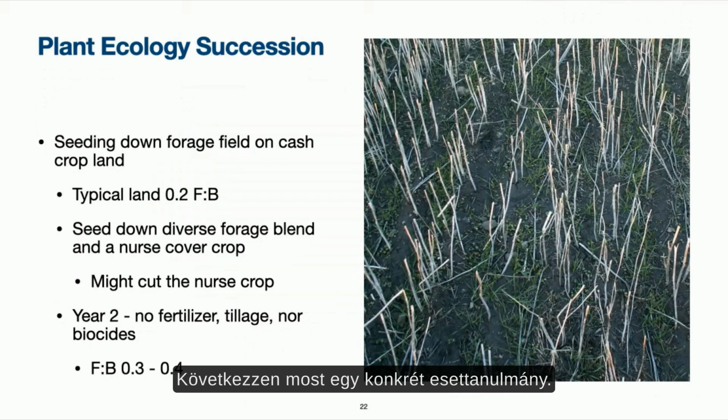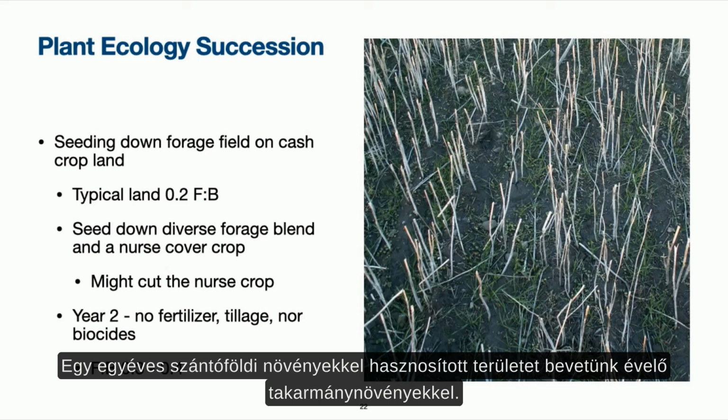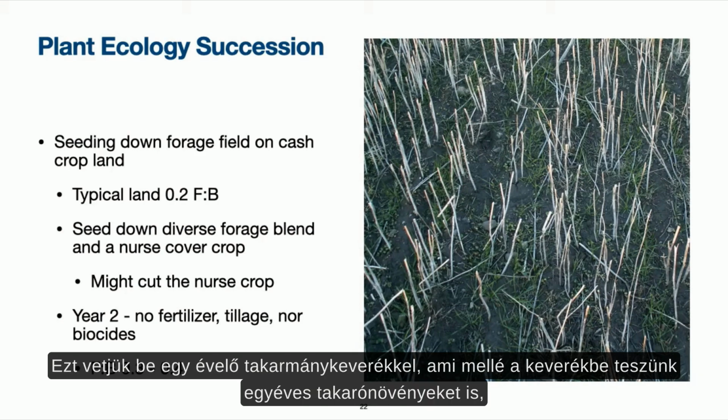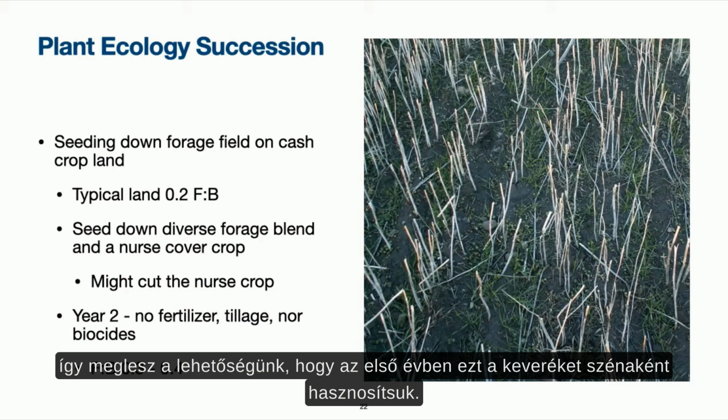So we'll do a bit of a case study. We're going to be taking some cropland and we're going to seed it down to forage. If we look at a typical cash cropland, we're assuming that the fungal to bacteria ratio is around 0.2. So we're going to be seeding down a diverse forage blend with a nurse cover crop, and we have the option of taking that nurse crop off as a hay crop.